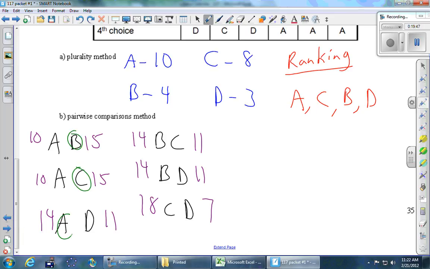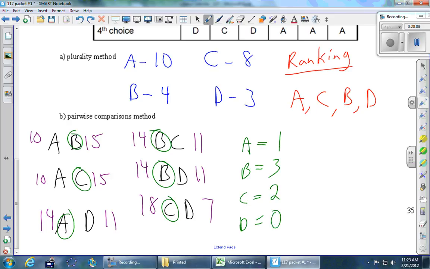So I'm circling the winners in each head-to-head, and every circled person gets a point. A, B, C, and D. How many points did A get? Altogether, A has 1 victory, 1 point. B has 3 victories. C has 2, and poor D, 0.